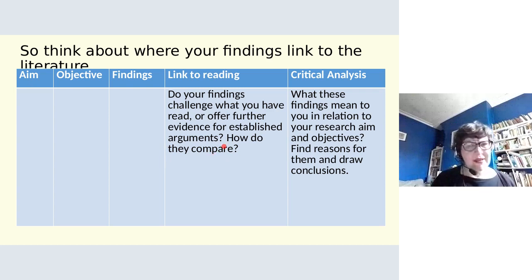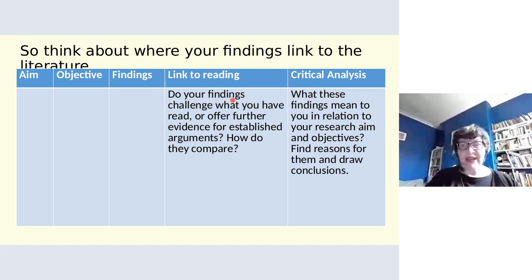How do they compare? Straight away, you can start to think about how this is building up your paragraphs in your discussion. Refer back to a key finding, because you're grouping them. So you're already starting to plan how they're going to be organized.